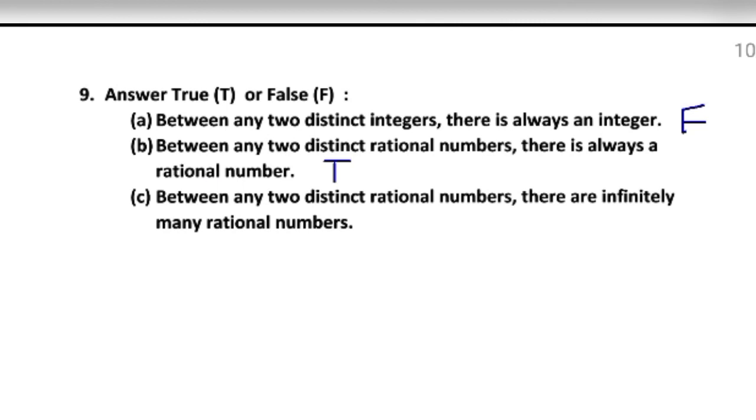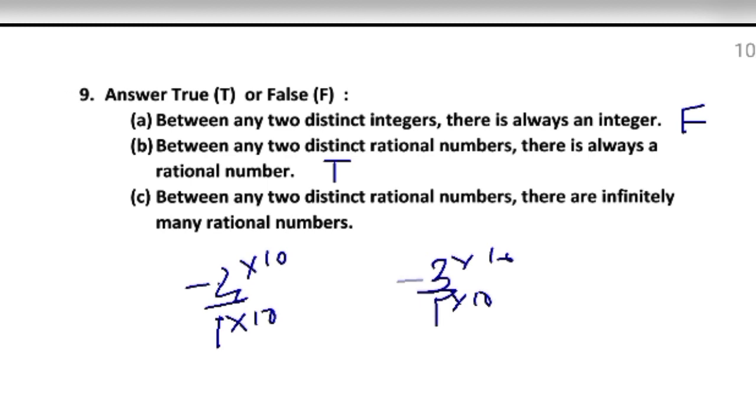Next, C part, between any two distinct rational numbers, there are infinitely many rational numbers. Of course, as I said, if you will multiply the rational number minus 2 upon 1, 3 upon 1 by the larger numbers, for example 10, 10, 10, 10. This is minus 20 upon 10, 30 upon 10.